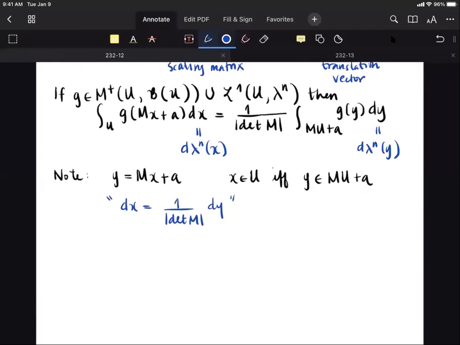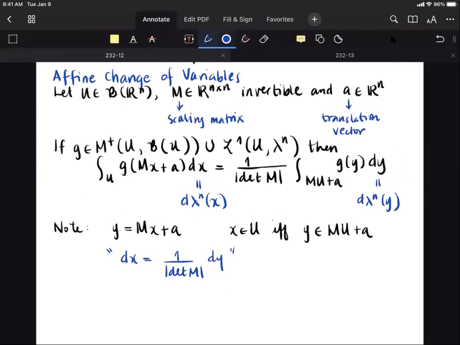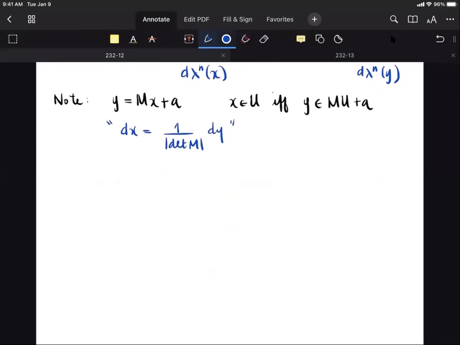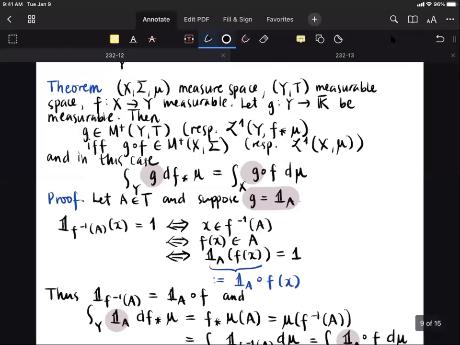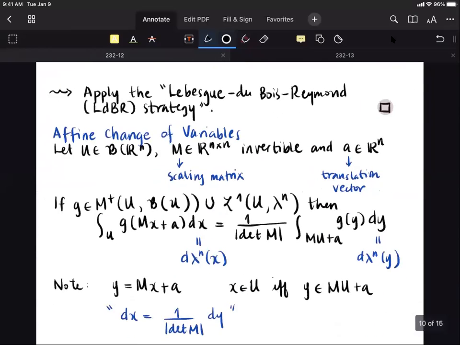So let us look at the proof of this formula. I want to apply the previous theorem, and it is clear what f is in this case.